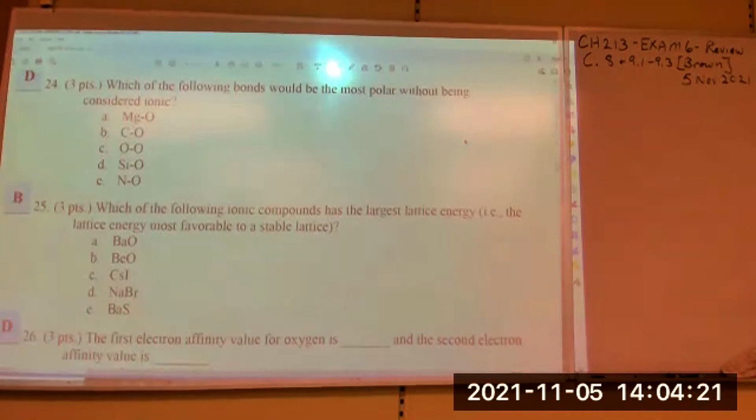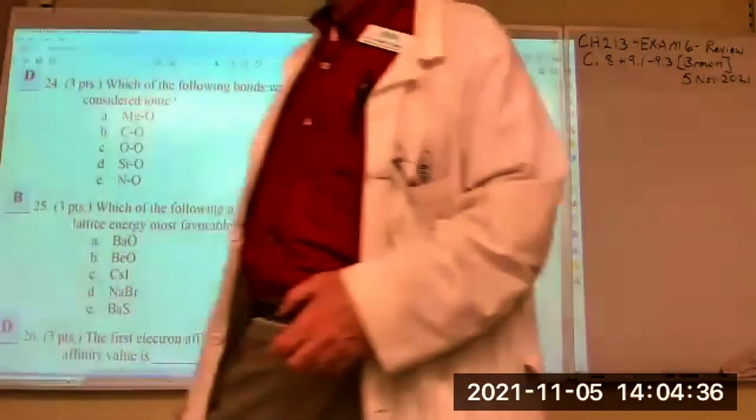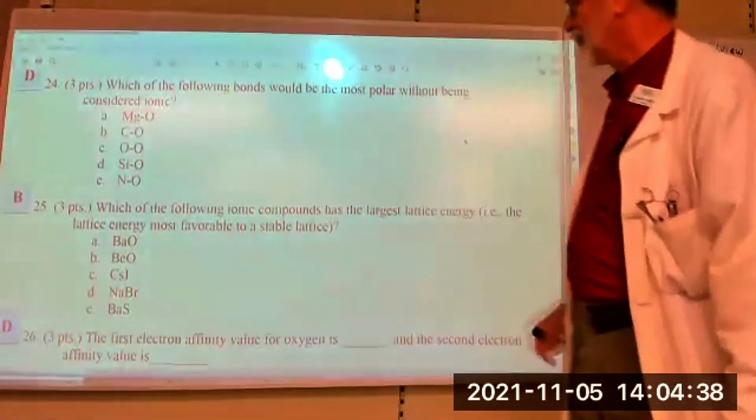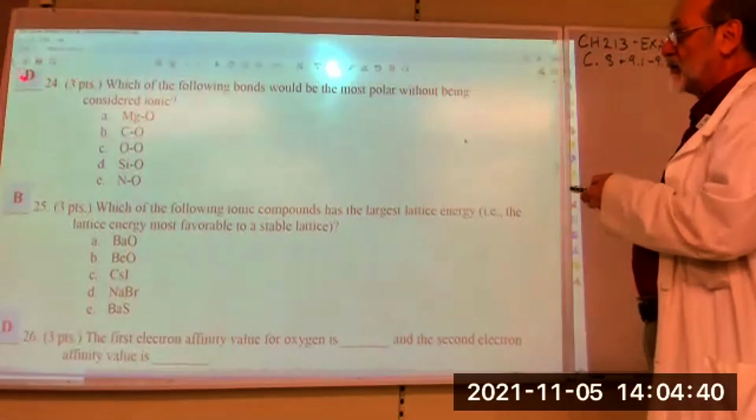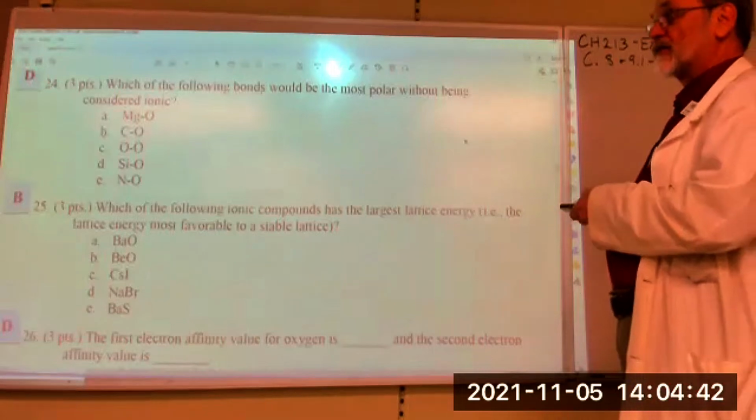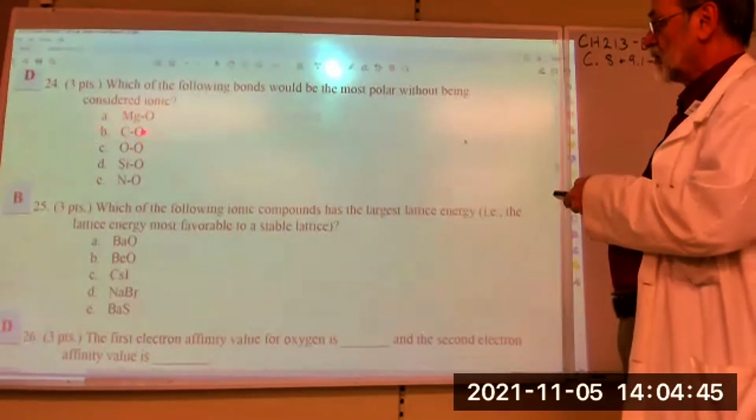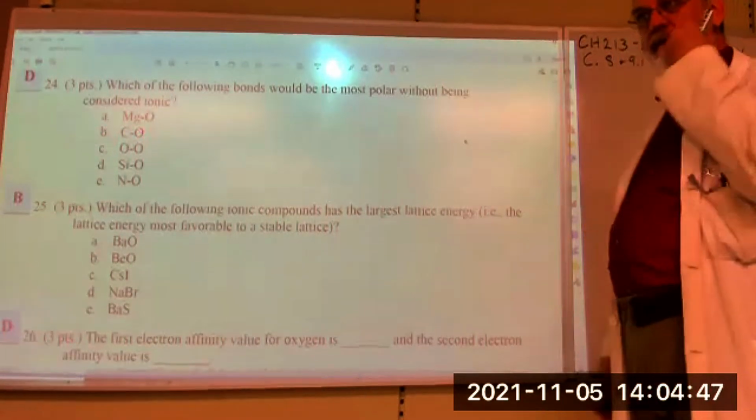Silicon is 1.8. Oxygen is 3.5. So that's 1.7. That's ionic. Right, 1.5 is the breaking line. So that's a bad answer. I think it should be this one right here, B. Don't you?